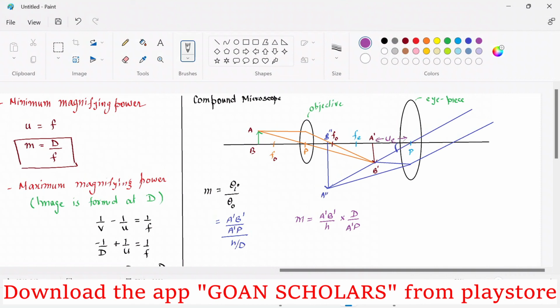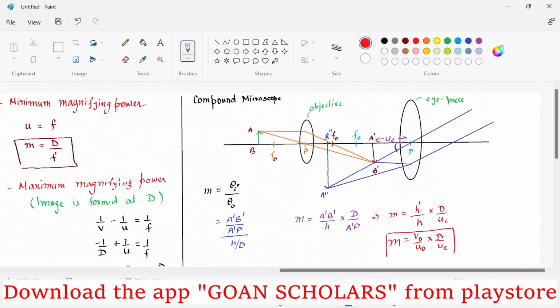Let's call it UE. So this implies M equals, what is A prime B prime? A prime B prime is h prime for the objective, upon h, into d by UE. And what is h prime upon h? V naught upon U naught, the linear magnification of the objective, into d by UE. That's our magnification.